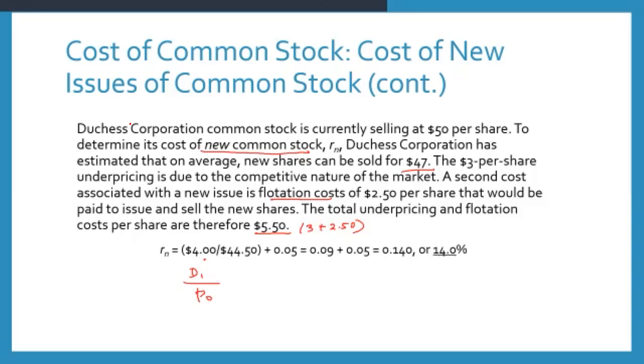This $44.50 came from $47 minus $5.50 flotation costs. We get $44.50 as the net proceeds, N. Plus the growth rate, which was 5%. So the cost of capital to issue new stock is costing them more. It's costing them 14%.